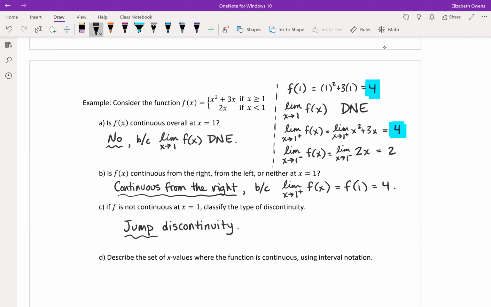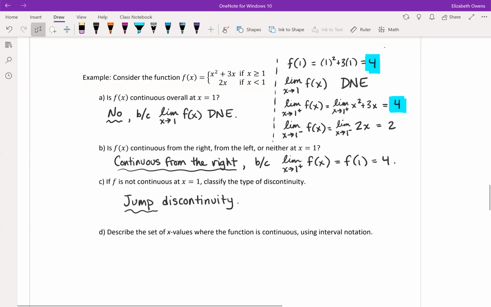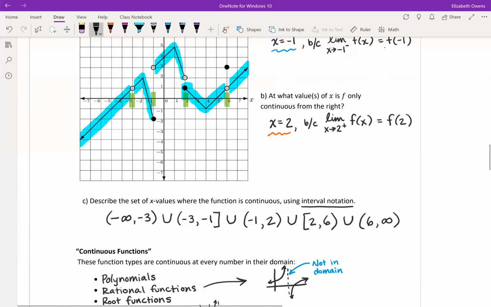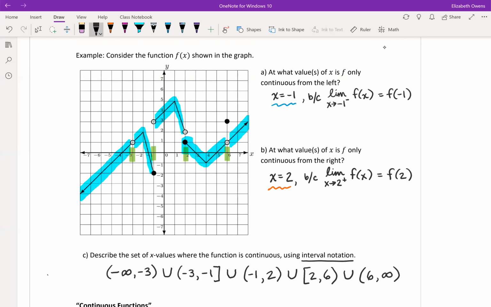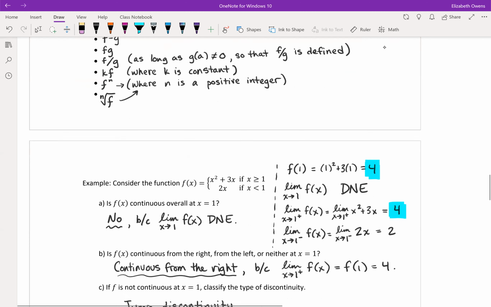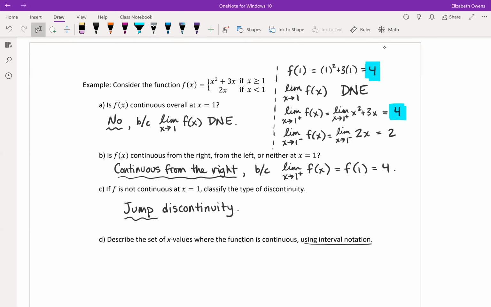Okay, now describe the set of x values where the function is continuous using interval notation. So this is like the piecewise example that we did before. The intervals of continuity are all the little bits in between the discontinuities. And in our case, our function only has one discontinuity.